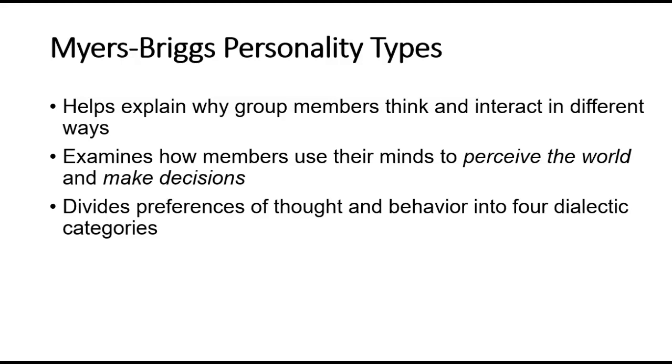Even here at Clark College, you can go take the Myers-Briggs Type Indicator, I believe, at career services. And it'll give you some insights about your personality, maybe some strengths, some weaknesses. It helps explain why group members think and react in different ways, examines how people use their minds to perceive the world, and it breaks preferences of thought into four different categories. Again, going back to a model that's similar to our Big Five.